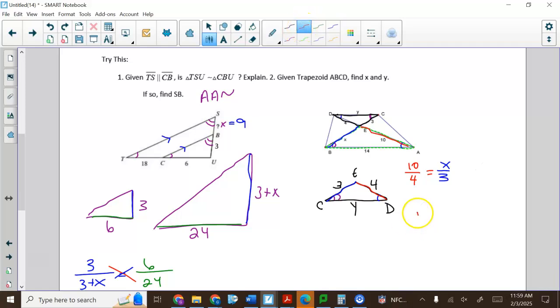Similarly, we can come back to that 10 over 4 and then see how we would set up the Y. Should we do 14 over Y or Y over 14? Which one comes first?